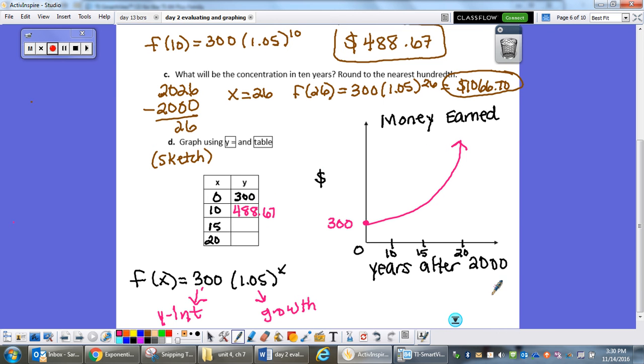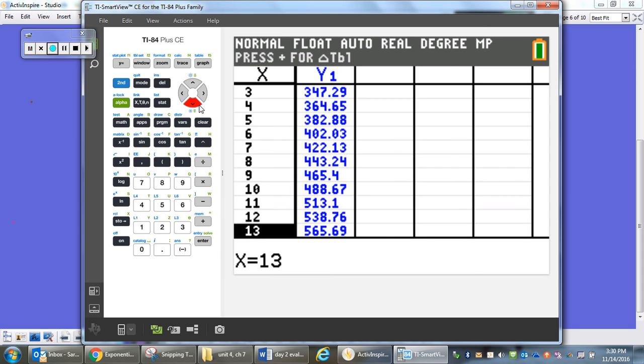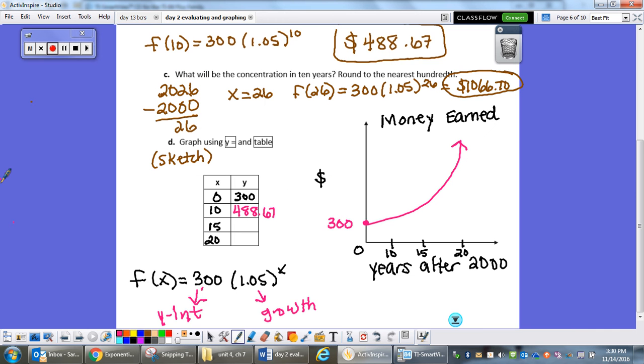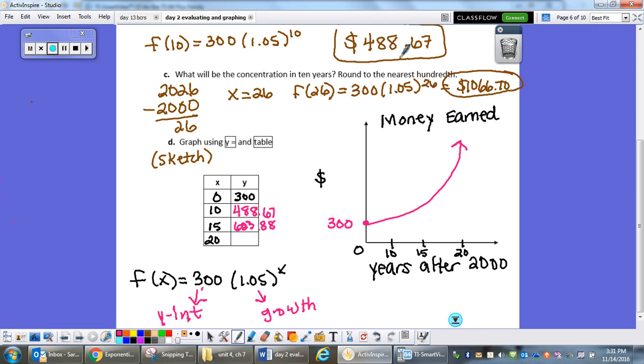And then to get 15, you can just use the arrows to scroll down and go to 15. So you can see when x is 15, so that would be in the year 2015, she has earned about $623.88. So you could just put that here. And then 20 years from now, she will have $795.99.